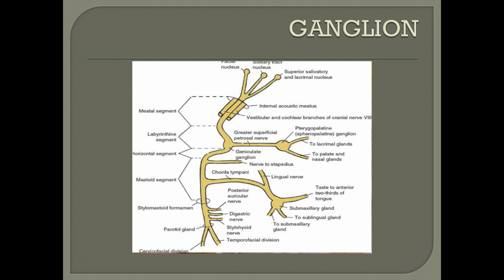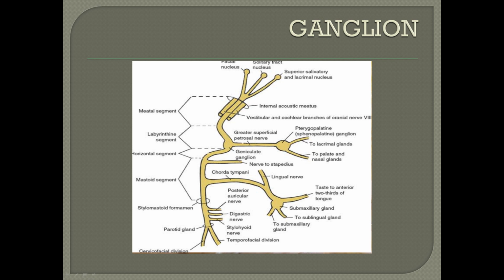Now, as I already told, we have three ganglia here. These ganglia are related to the parasympathetic secretomotor function, as well as to the lacrimal and the submandibular ganglion. The first ganglion is situated between the labyrinthine and the horizontal part. We call it the geniculate ganglion, and from here arises the greater superficial petrosal nerve, which ultimately links with the pterygopalatine ganglion.